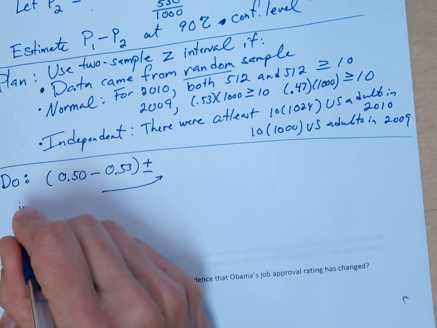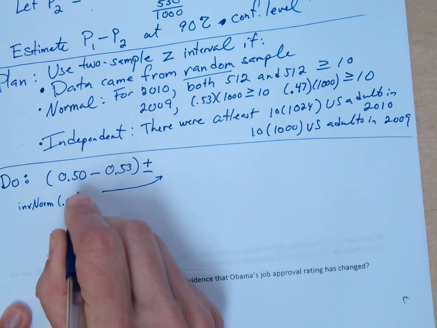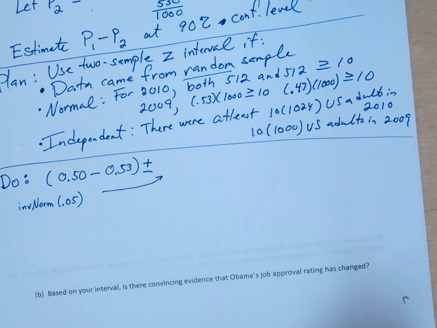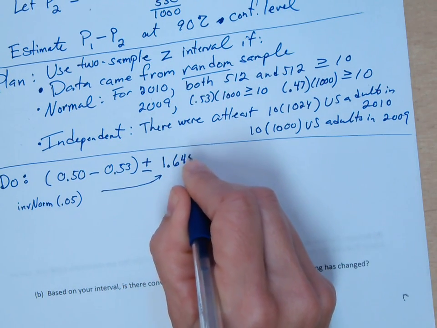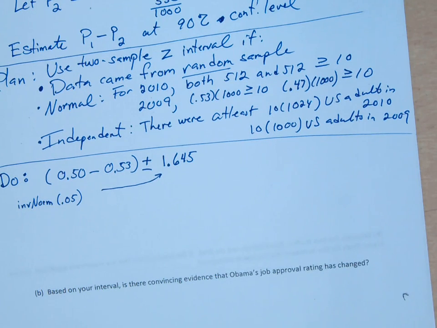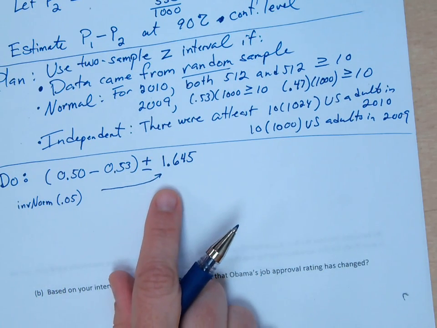So just do inverse normal, and put 5% in there, and that will give you the number of standard deviations to the right and the left we want to go to get all of those within the 90%. So that should give you 1.645. So that's the number of standard deviations we want to go to the right and the left for a 90% confidence interval.